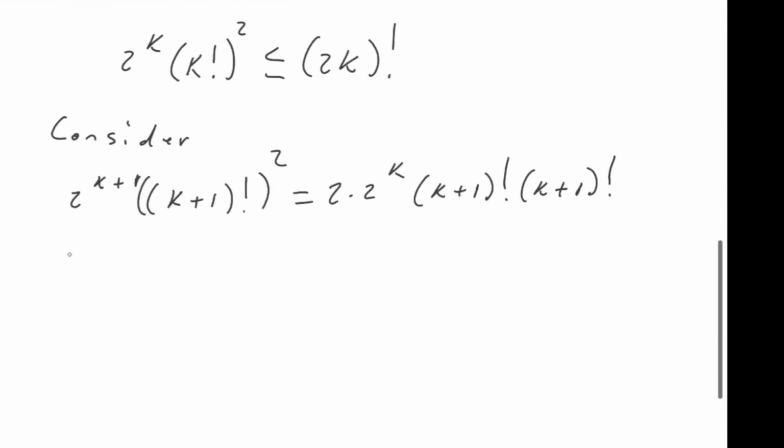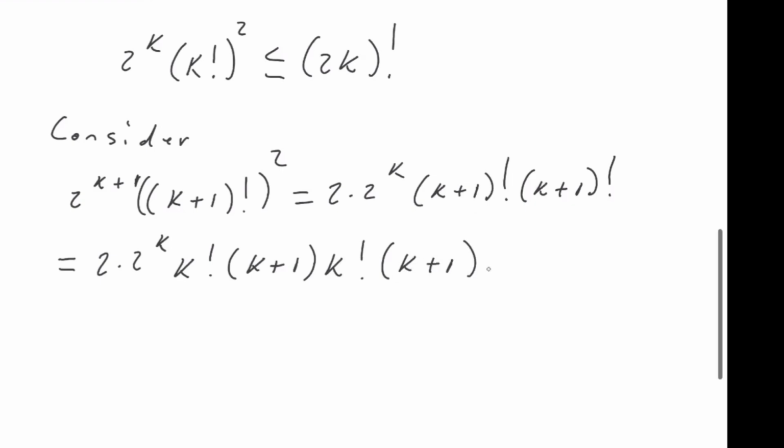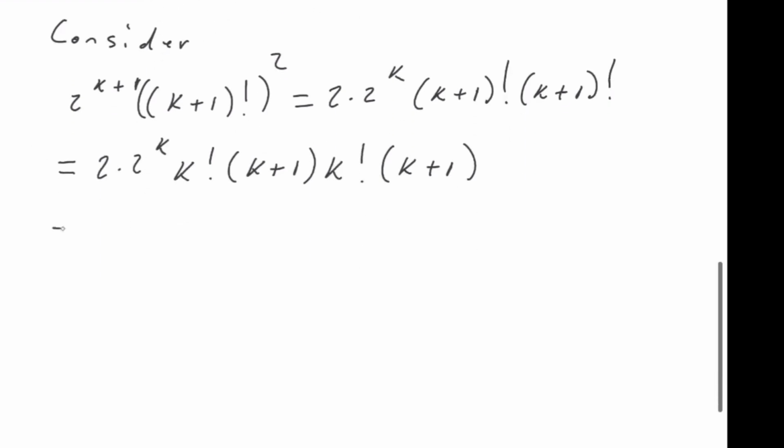Okay. So I can rewrite this as 2 times 2 to the k times k factorial times k plus 1, and then again over here, k factorial times k plus 1. And then I can have 2 times 2 to the k, k plus 1 squared times k factorial squared.